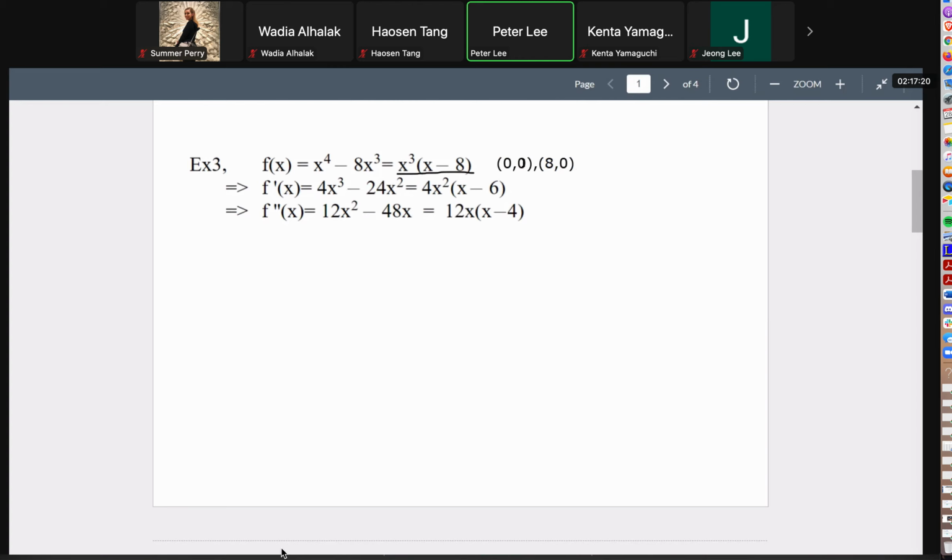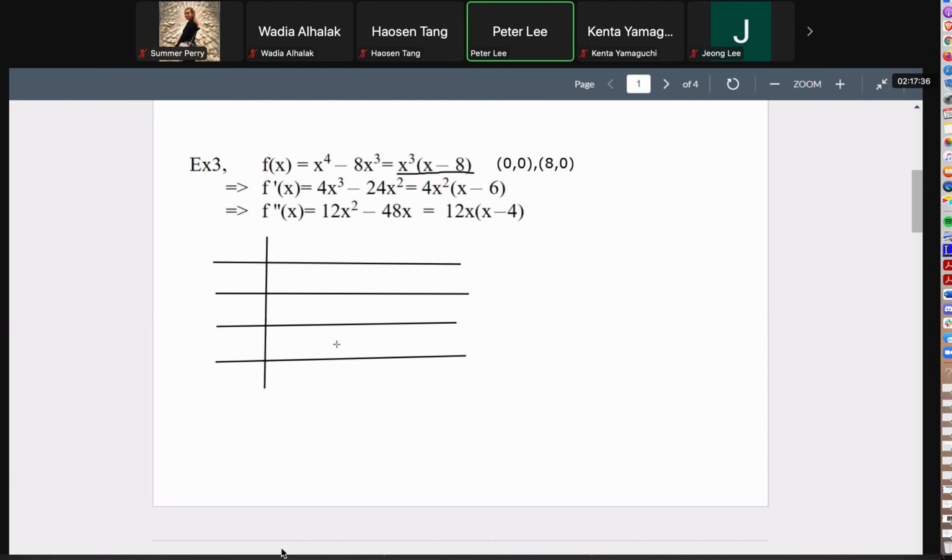And now let's get to the chart. The chart is going to look like this. A line here, line there, then line there, then line there, and then line here. What we do is put the x here, and then you can either put y or f. Then the second row, we can put f prime or y prime.